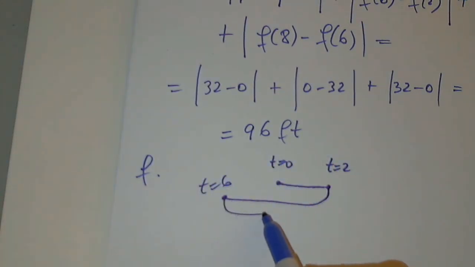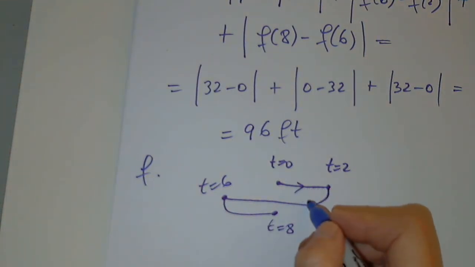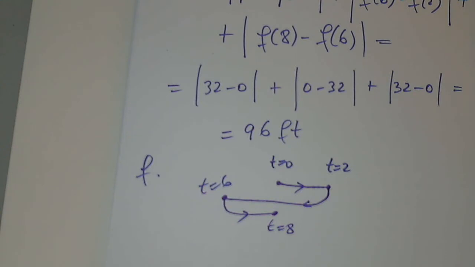And then it goes back 2 seconds for time t equals 8. So in this is the direction. So it goes to the right 2 seconds, to the left 4 seconds, and then to the right 2 seconds. So basically, in 8 seconds it is exactly where it started, at the same position where it started.